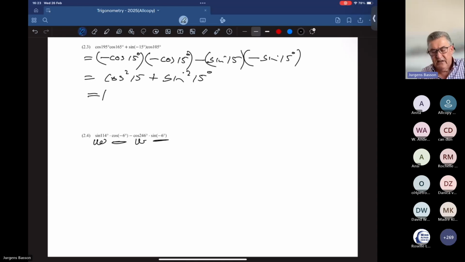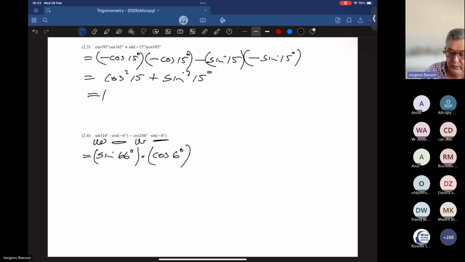That minus 6 is already acute. So let's change this 114. Sine 114 is 180 minus 66, and sine is positive. Times the cos of minus 6 degrees, which is the cos of 6 degrees. So we just write it as a positive angle.